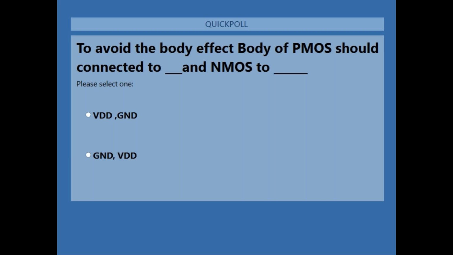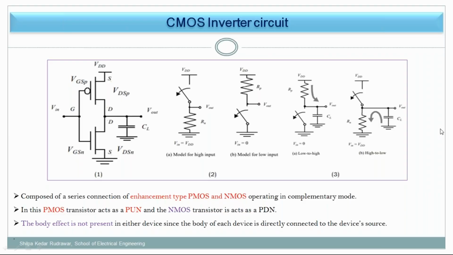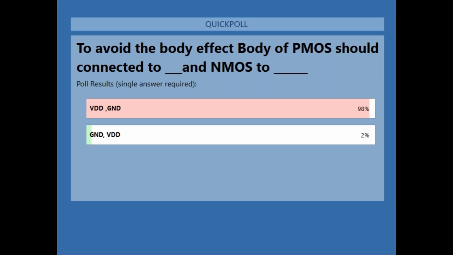P for P, N for N. That is how I told you to remember. So what is P for P, N for N? Just recall that. Most of the students have given the right answer: P for P means for PMOS the body should be connected to P, that is positive, and for NMOS the body should be connected to N, negative.